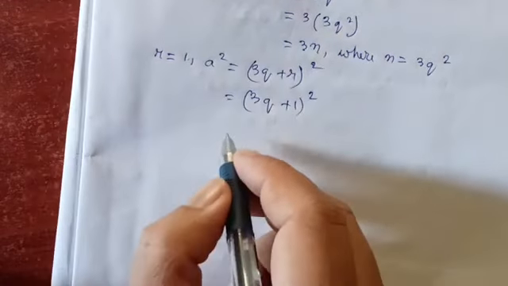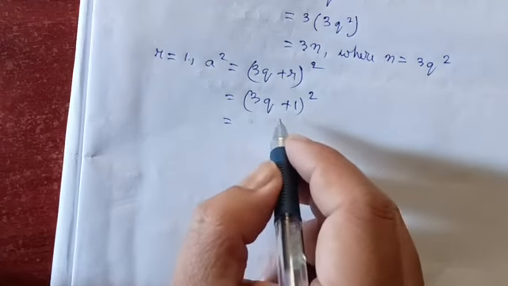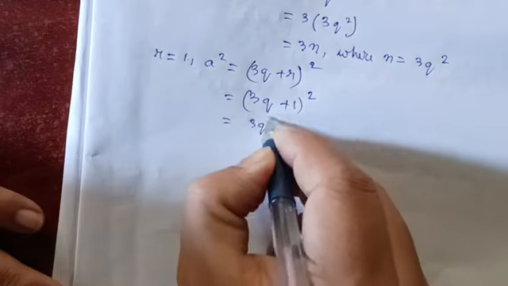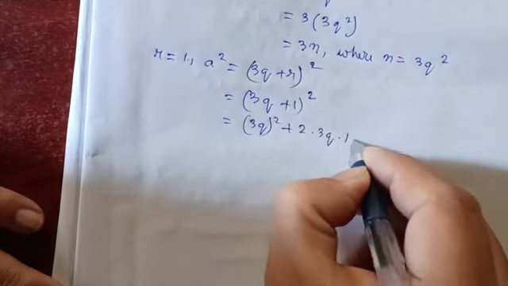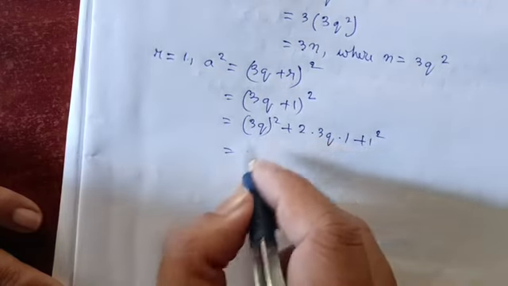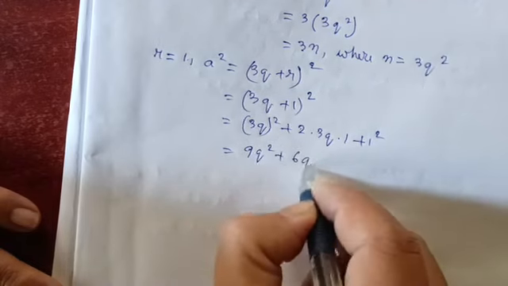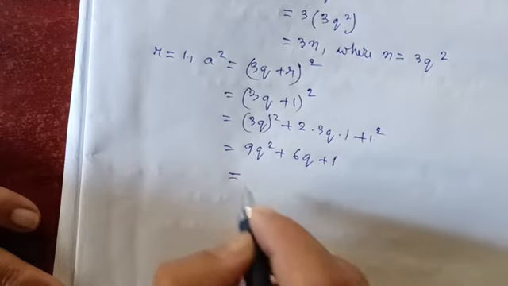You know the a plus b whole square formula, we have done it many times already: a square plus twice ab plus b square. 3 square is 9, 3 times 2 is 6, 1 square is 1.